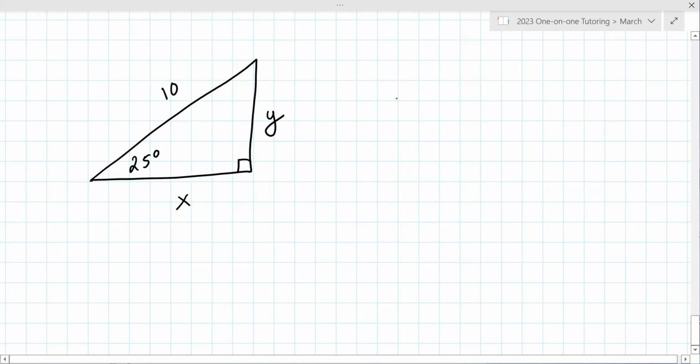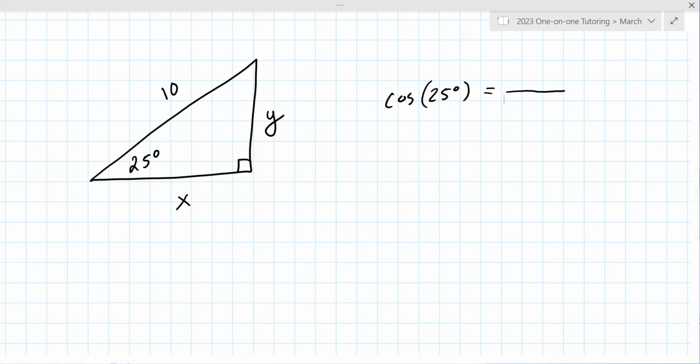Tell me what the cosine of 25 degrees equals in terms of the two sides. What are the two sides that cosine refers to? You don't need to calculate that yet. You just need to tell me which two sides cosine refers to. Adjacent, opposite, or hypotenuse?